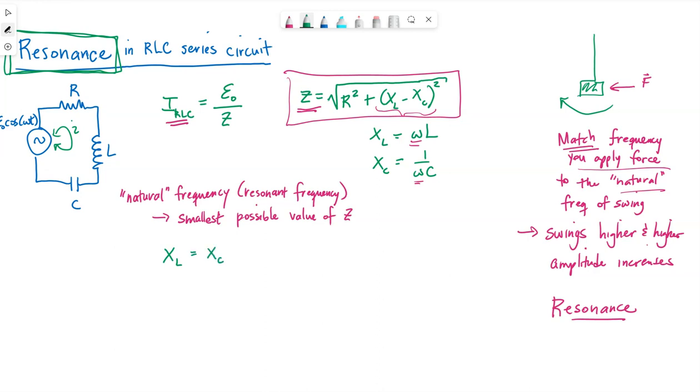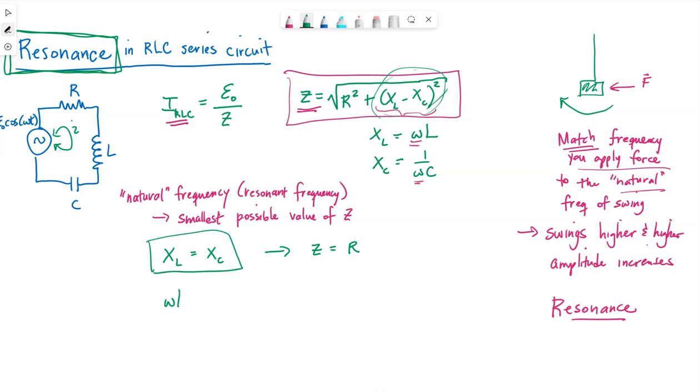Because if XL and XC are equal, this second term goes to 0, meaning we're not adding anything to R, and Z will equal just R. Now, that doesn't mean there is no capacitor or no inductor. We just mean that their reactances are equal.